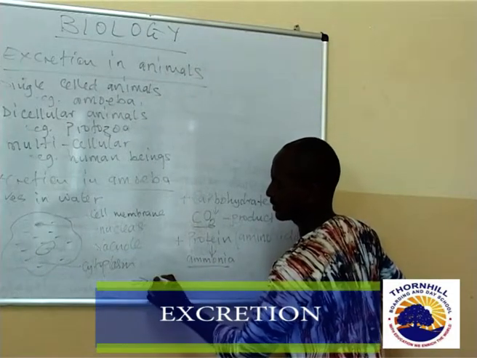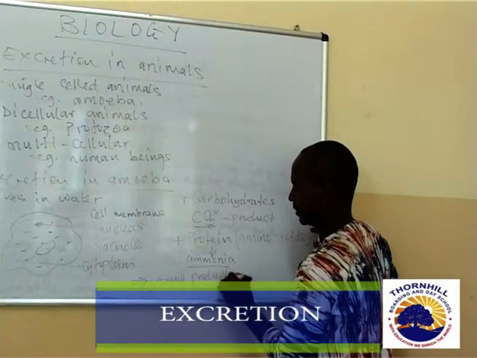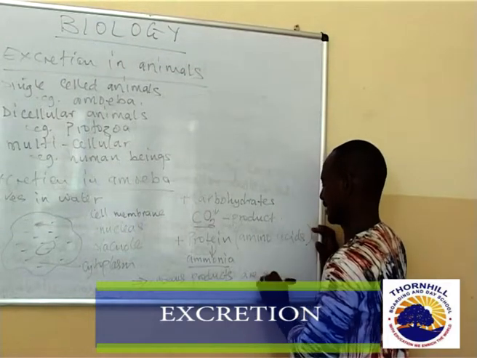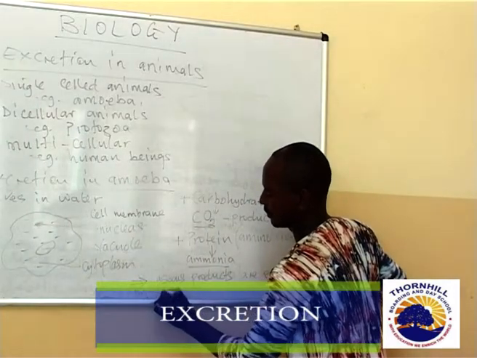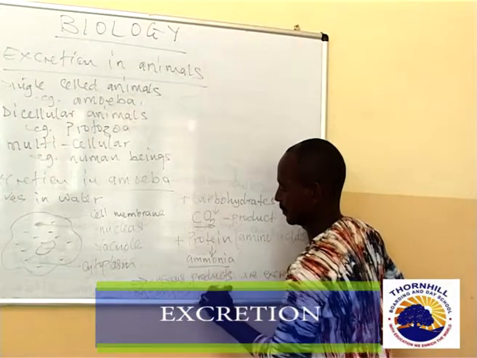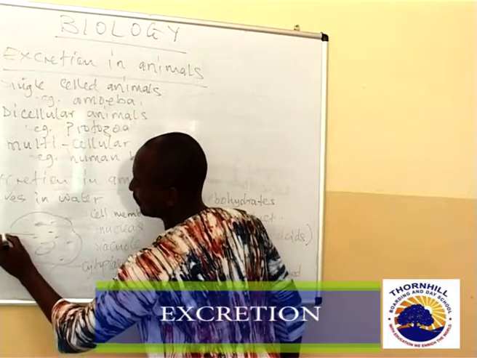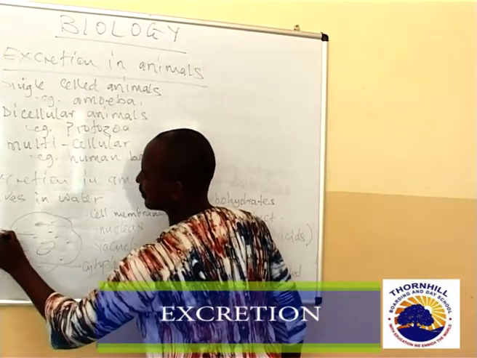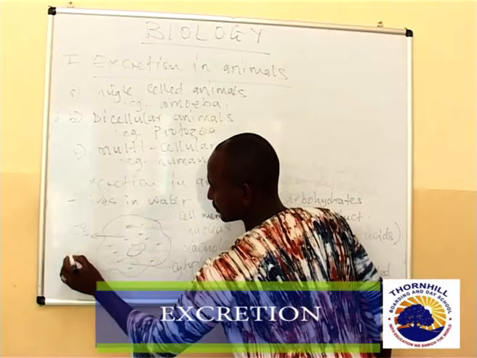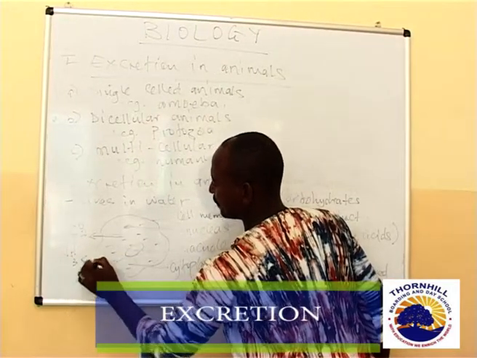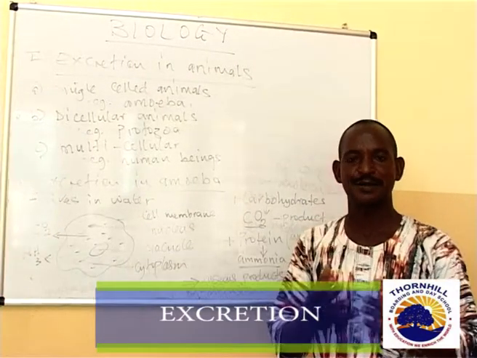So we say that gaseous products are excreted by diffusion, meaning that the carbon dioxide produced here will diffuse out through the cell membrane. The ammonia produced will also diffuse out. Then the amoeba has excreted its gaseous wastes.